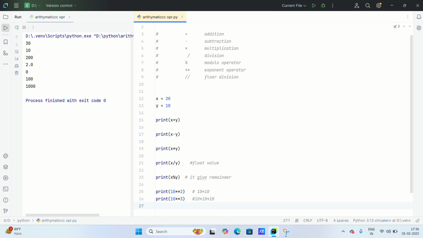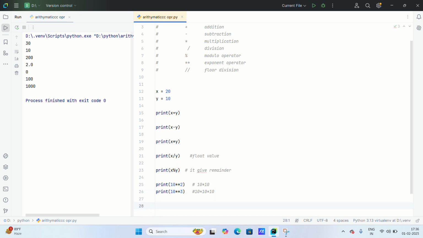Last operator is my floor division. Print. Floor division is like, it will round off the division value.